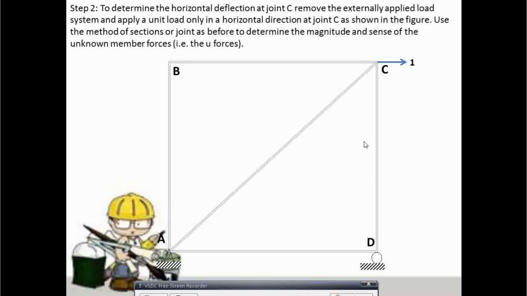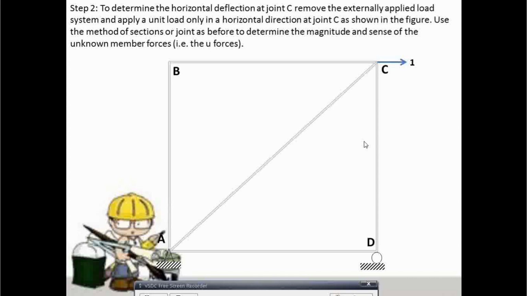Ulitin natin, ang statement sa problem, determine the horizontal displacement at point C.